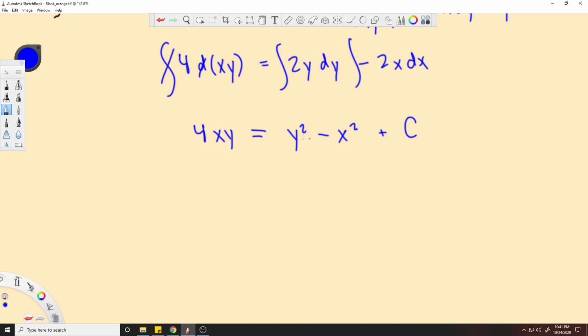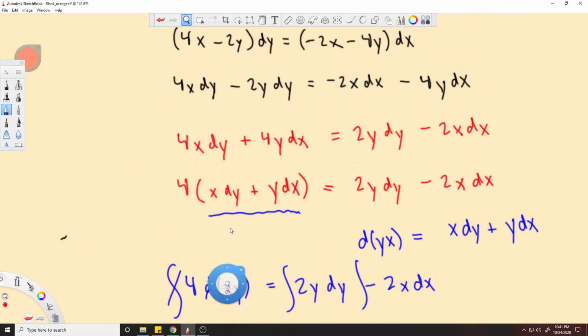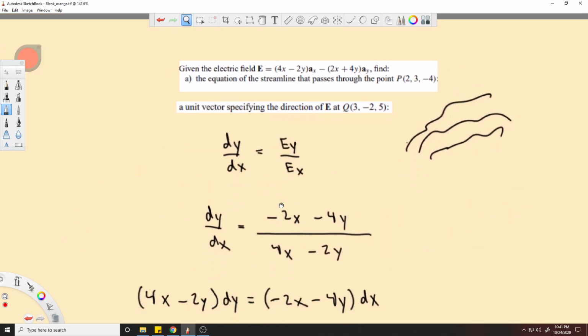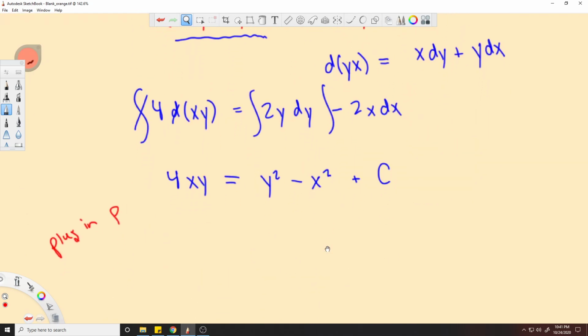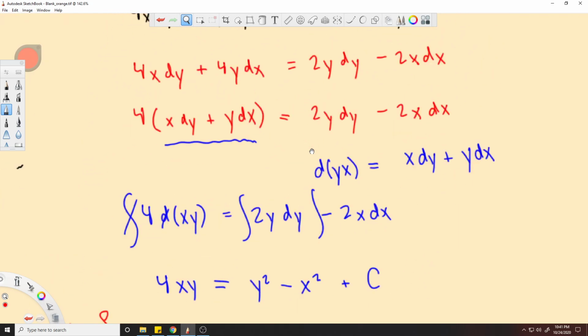Now we plug in our initial value problem. Plug in point P, which is (2, 3). So x is 2, y is 3.